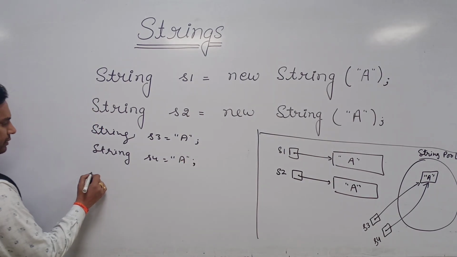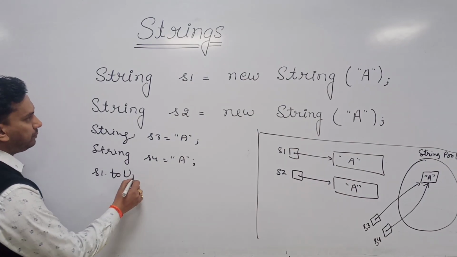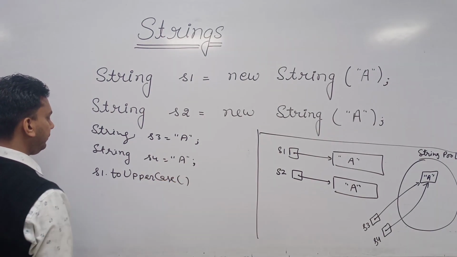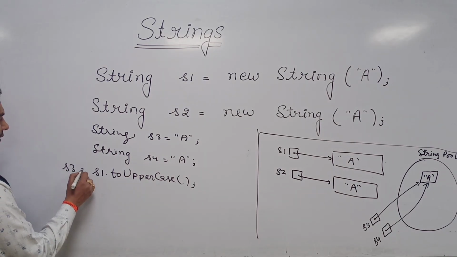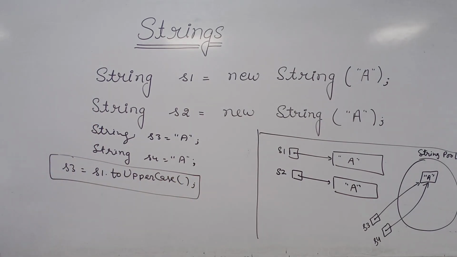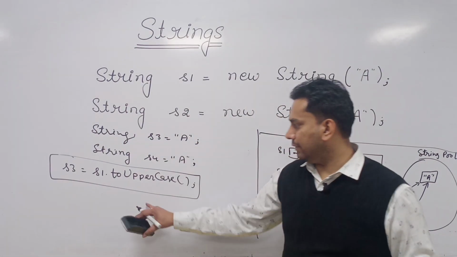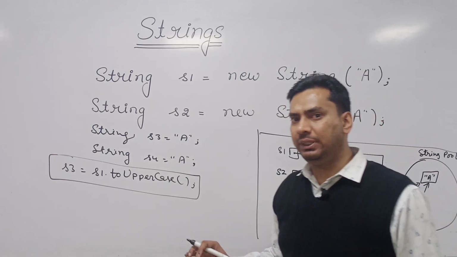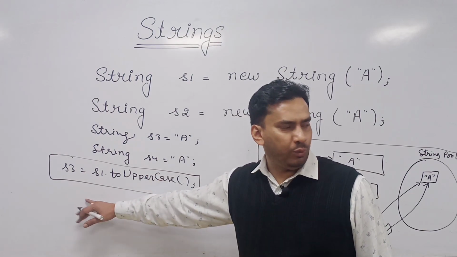Now I am writing S3 = S1.toUpperCase(). So now you will be asked, how many objects will be eligible for garbage collection after this statement? Or vice versa, they can ask how many objects of string type will be present in the memory at this point of time.